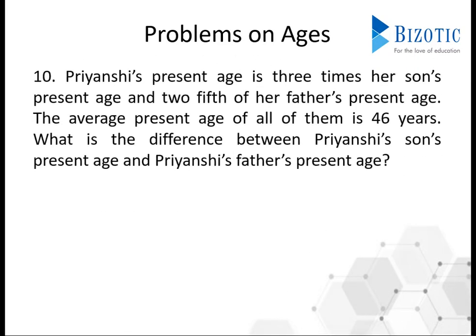Question number 10. Here they have given that Priyanshi's present age is 3 times her son's present age and 2/5 of her father's present age. The average present age of all of them is 46 years. Here there is something very important that you need to concentrate on. The average present age of all of them is 46 years.